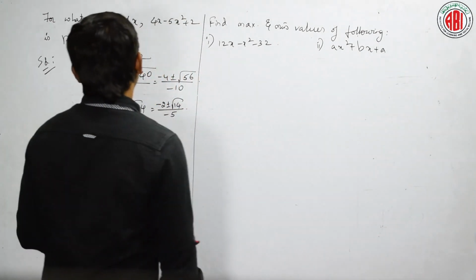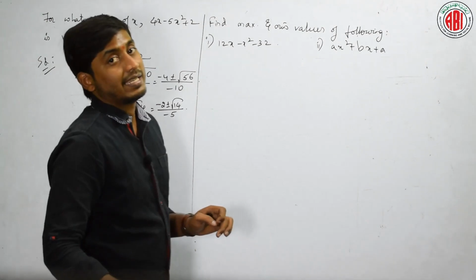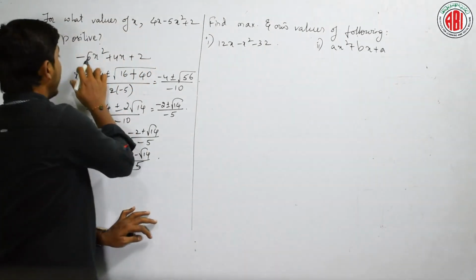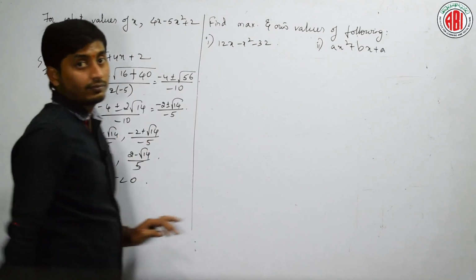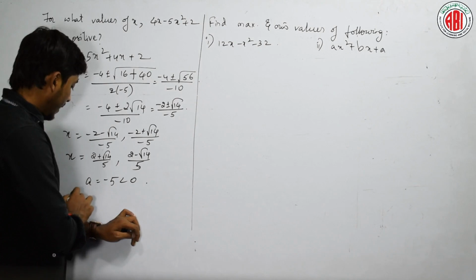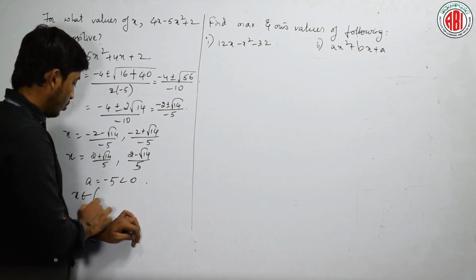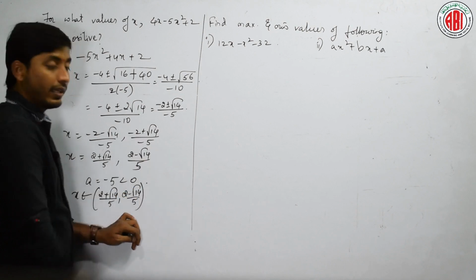Clear? Now, for what values of x is this positive? Just tell me. Here a is negative. Fine. Now, we will have two conditions. Obviously, x belonging to between 2 minus root 14 by 5 and 2 plus root 14 by 5, right.